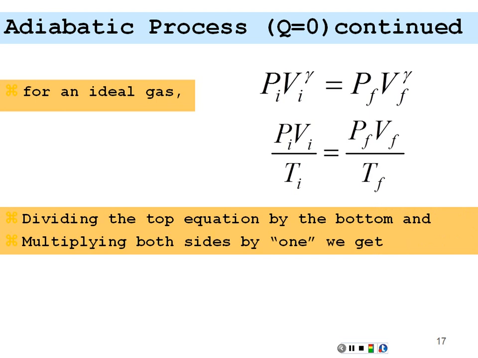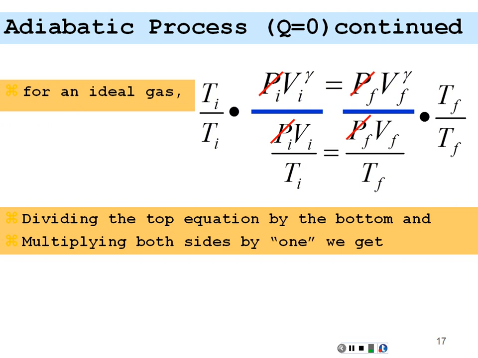If we divide the first equation by the second equation, we get rid of a P initial on the left and a P final on the right, and then we multiply by T initial over T initial on the left and T final over T final on the right. Let those cancel out.